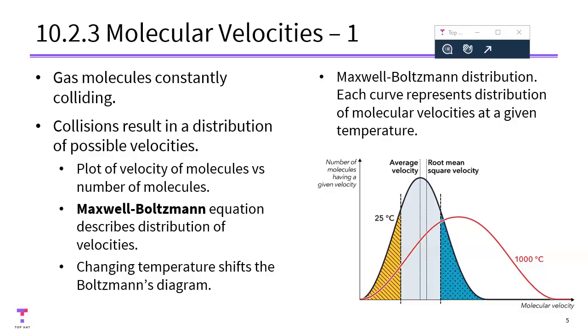If I go to 1,000 degrees, I get this distribution. And the distribution shown by this red curve, notice that its net velocity is faster than what we expected at 25 degrees. Now, it's not nearly as tall, and what that tells you is that there's a greater variety of velocities at 1,000 degrees than there are at 25. But the net average has shifted to faster.